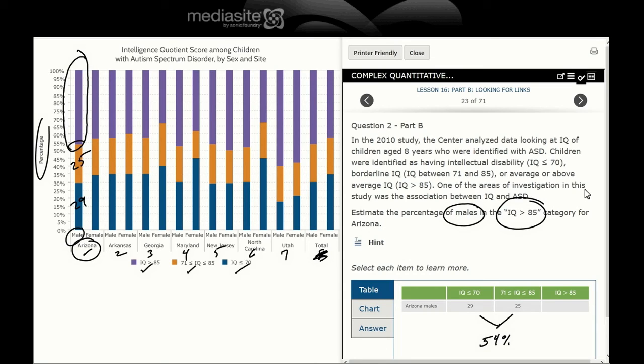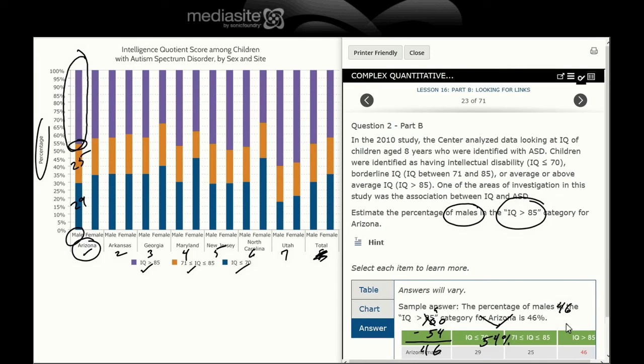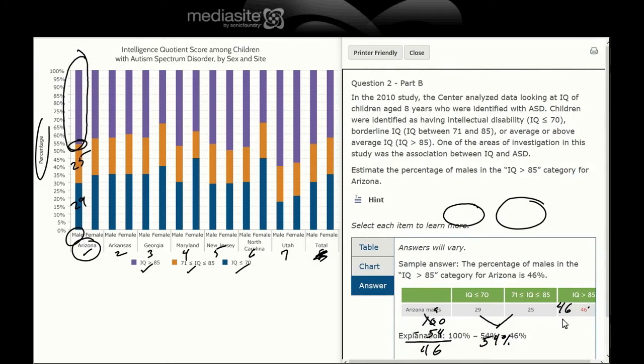It's got to add to 100, so let's subtract the 54 from 100 for 46%. Yep, 46%.